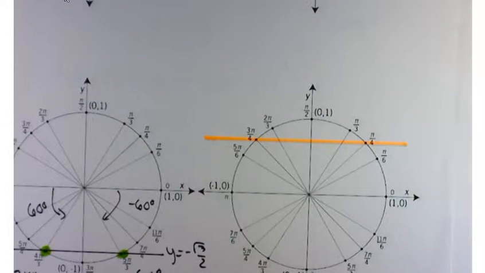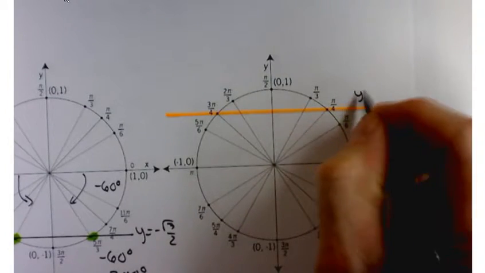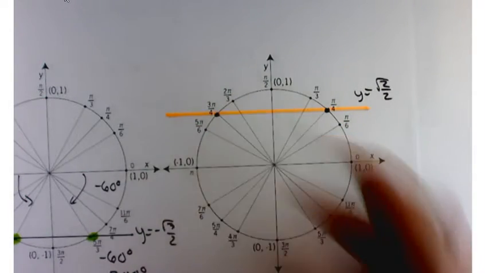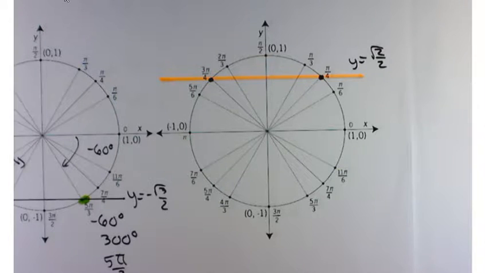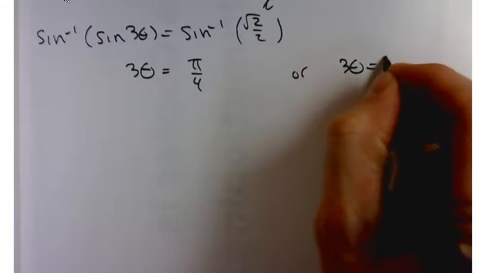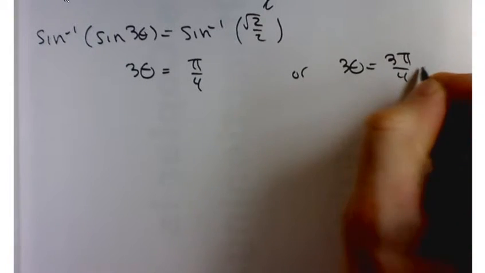Your calculator can help you out. In fact, your calculator will give you one of these solutions. When you look at the graph of y equals square root of 2 over 2, it's going to intersect our graph at two places, and those two places are pi over 4 and 3 pi over 4. So 3 theta equals pi over 4, or 3 theta equals 3 pi over 4.